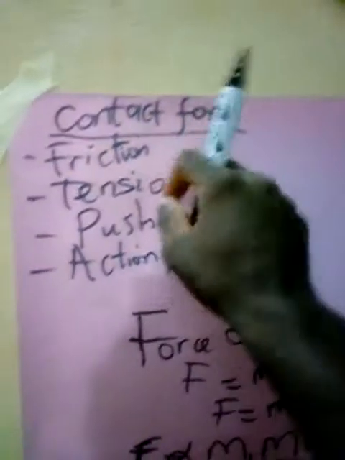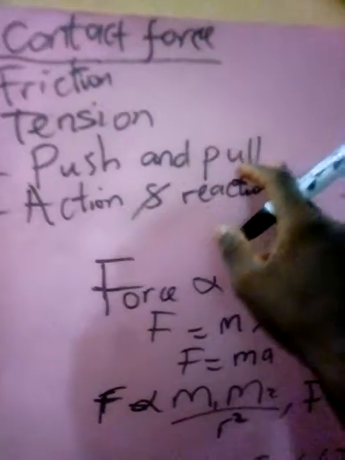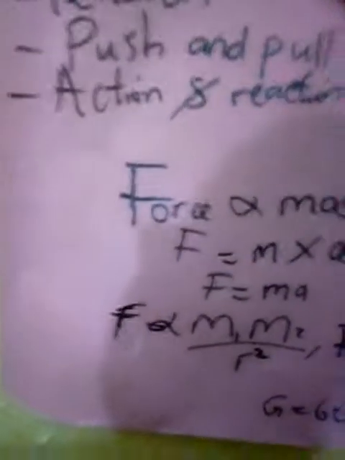We have friction, tension, push and pull, action and reaction. In a later video, I'll discuss friction. I might not talk about tension, I'm not really sure. Friction is the force that opposes motion. It exists between two bodies. Then we have action, reaction, push and pull.